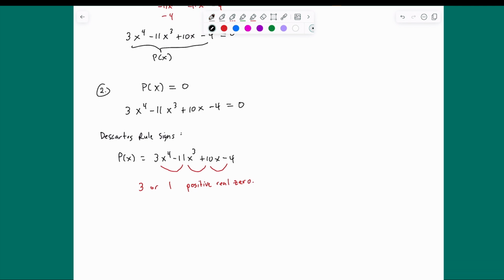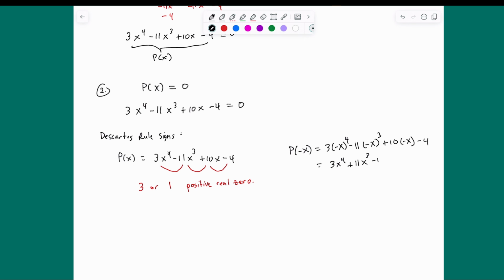Now we could do that again, except this time, instead of looking at the sign variation of p of x, we look at the sign variation of p of negative x. That's plugging negative x into our polynomial and simplifying it. We get a positive 3x to the fourth. The negative will pop out of the x cubed term, so we get a negative and negative, which makes this positive 11x cubed.